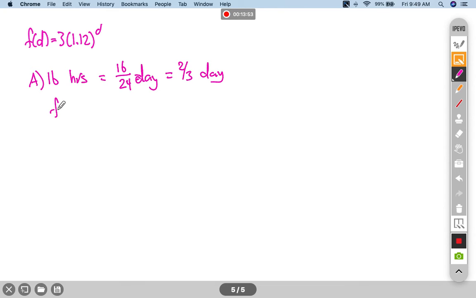So on problem A, we're just asking for f of 2/3, which is 3 times 1.12 to the 2/3 power, which is about 3.235 square centimeters.